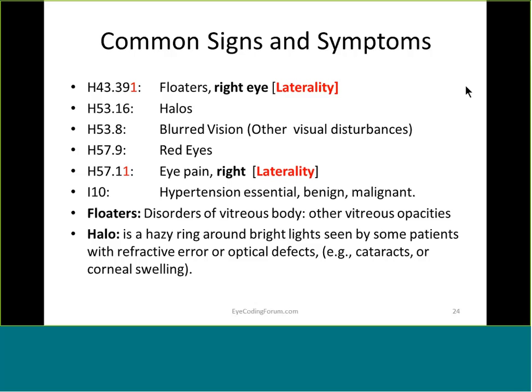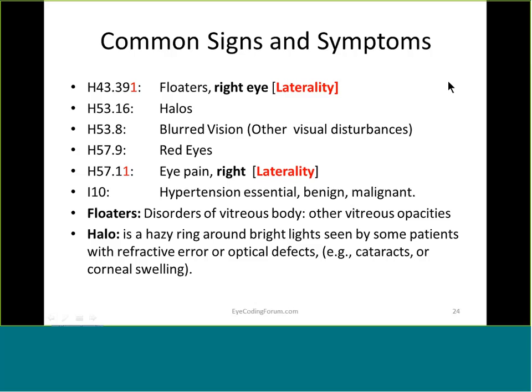Another code that's common to report when a patient presents and they don't have any eye problems, but they're there for a screening, is hypertension, which is I10. This code includes essential benign and malignant. In ICD-9, there actually was a separate code for benign and malignant, and it appears to be combined in this ICD-10.